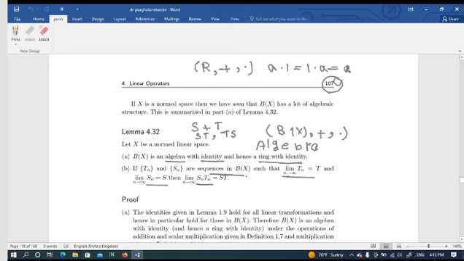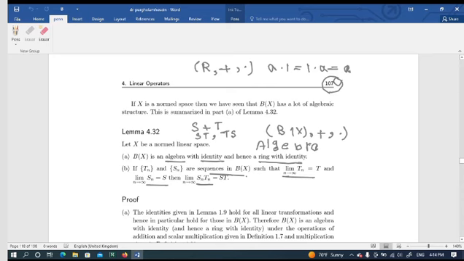And studied was this lemma. Let X be a normed linear space. So B of X is an algebra with identity.